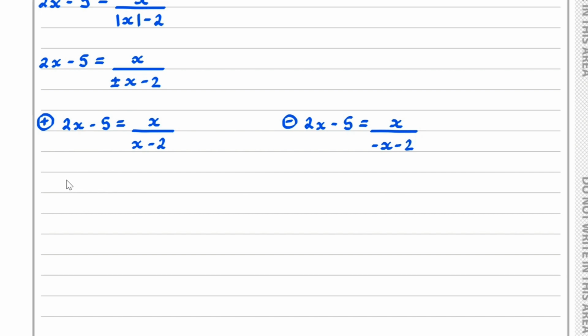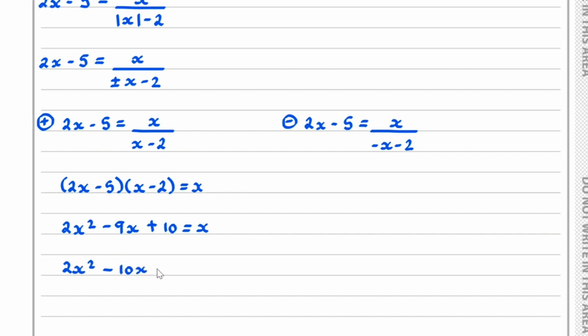We have 2x minus 5 lots of x minus 2 equals x. So we've got 2x squared minus 9x plus 10 equals x. 2x squared minus 10x plus 10 equals 0.